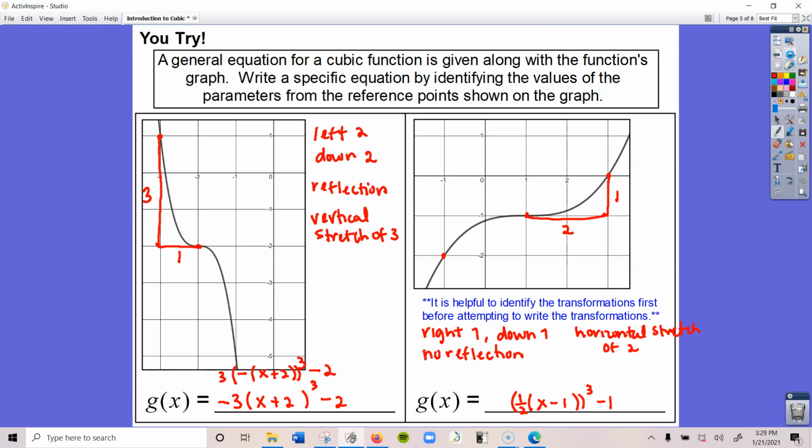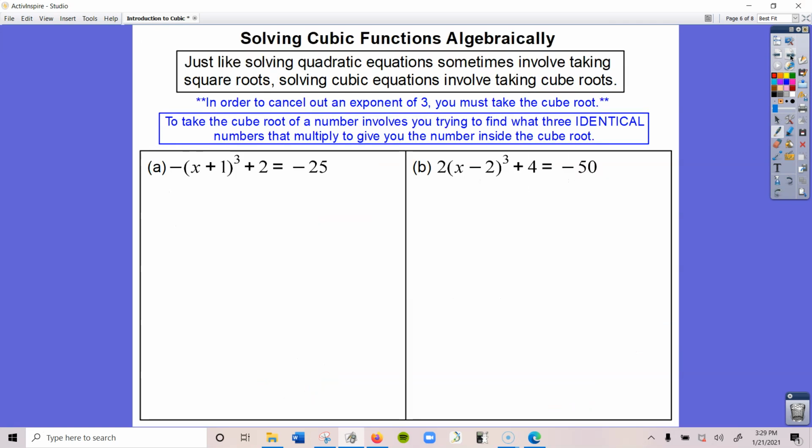Now we're going to shift gears a little bit and we're going to look at how to solve a cubic equation algebraically. So in this equation we have negative (x plus 1) cubed plus 2 is equal to negative 25. What we're going to do is try to isolate that x value. So first we have to make sure that we get the part that is cubed isolated, because then we need to cancel out that exponent.